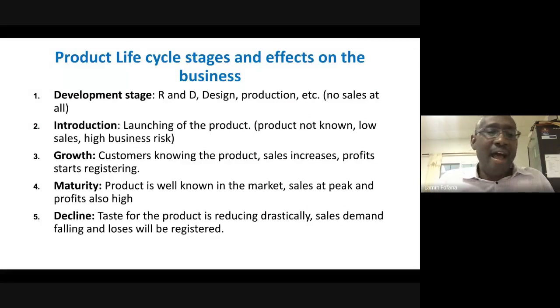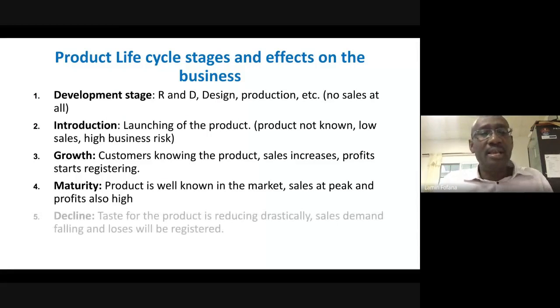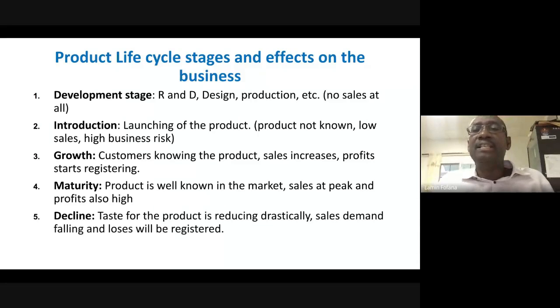But at stage 4, you can manage it in such a way that it can go back to stage 2 and then 3 and then go to 4 again, depending on the type of business strategy your organization has. So the decline stage, of course, people get fed up with the product. Human beings are human beings.